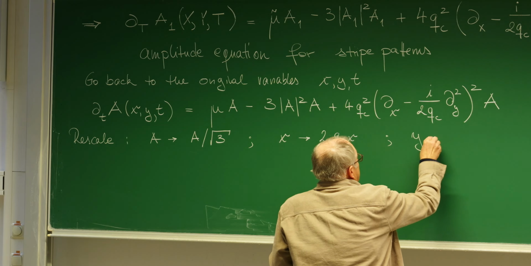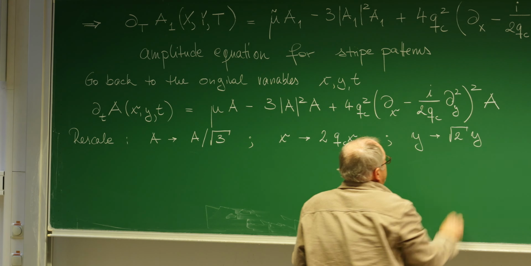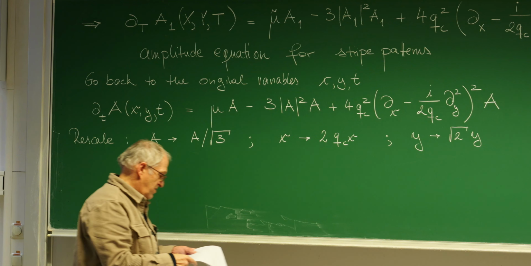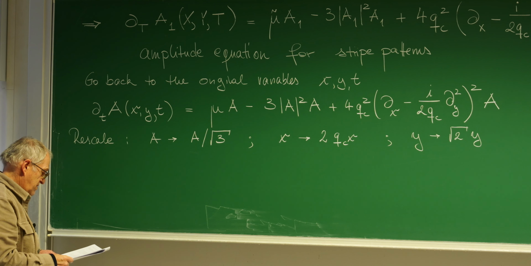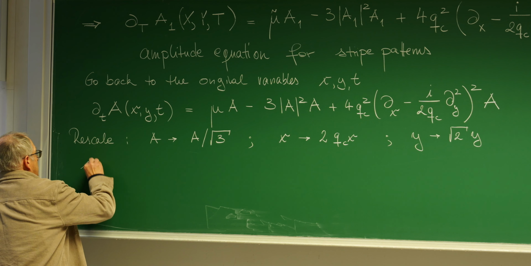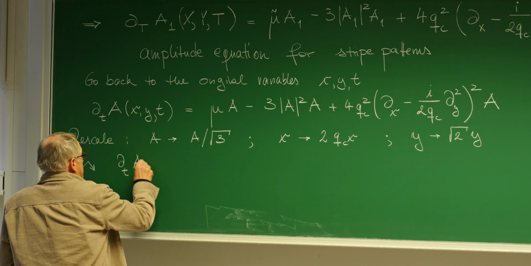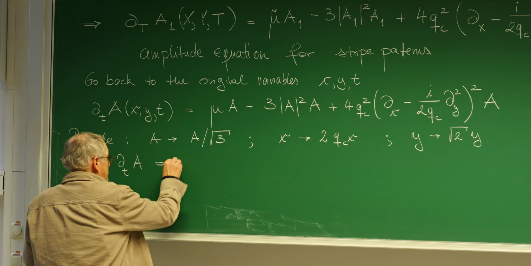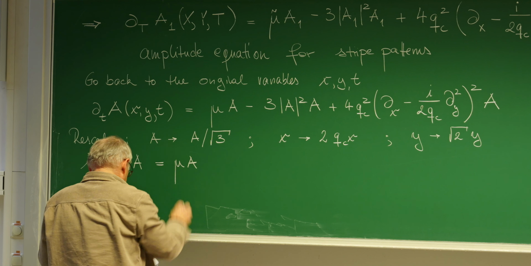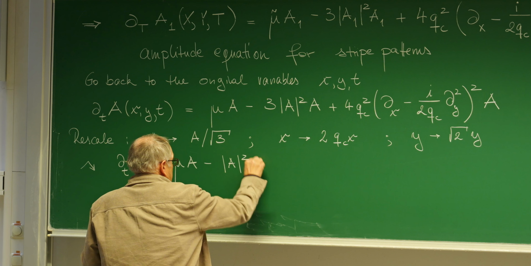And we also want to have the y rescaled such that inconvenient terms that contain factors of 2 are gone. And then in this new set of variables and amplitudes, the equation has a form that you can find also in lots of publications and books.